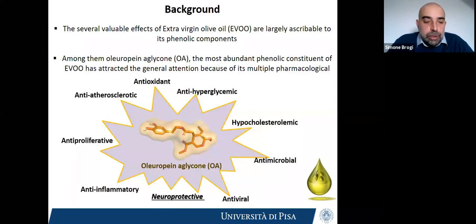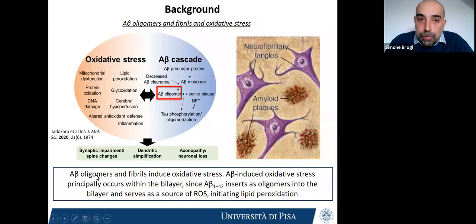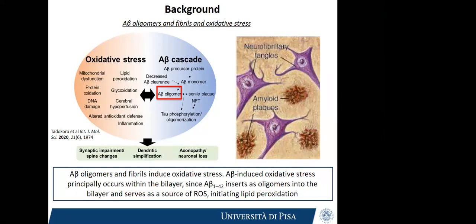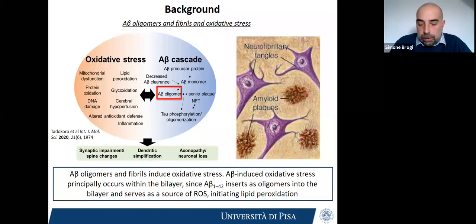treating neurodegenerative disorders, including Alzheimer's disease. In fact, in Alzheimer's disease, amyloid beta fibrils that represent the main hallmark of the pathology are able to induce oxidative stress by their insertion as oligomers into the lipidic bilayer, generating reactive oxygen species causing inflammation and neuronal toxicity.